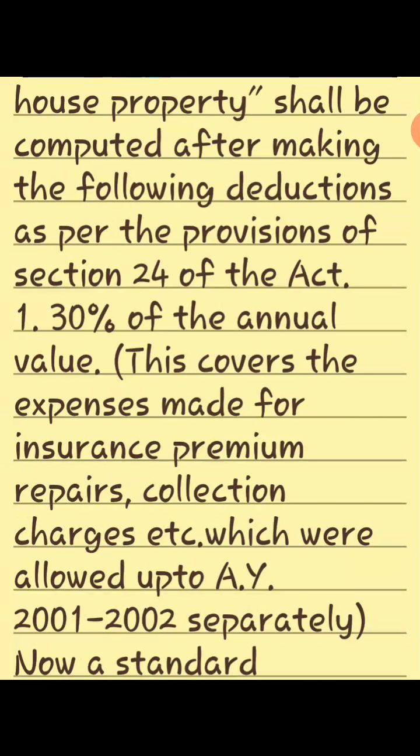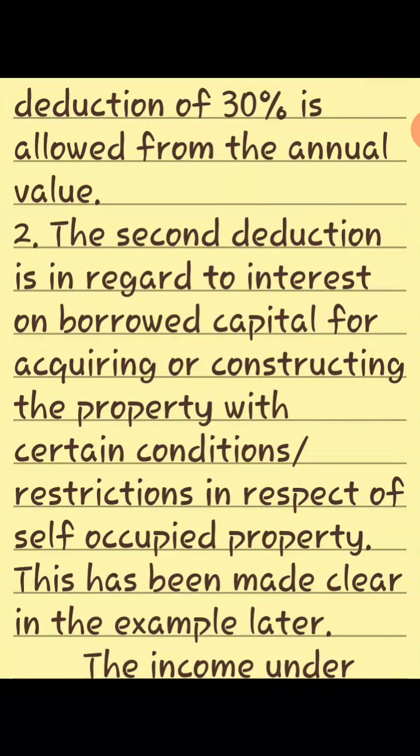Now, a standard deduction of 30% is straightway allowed from the annual value. 2. Second deduction is in regard to interest on borrowed capital for acquiring or constructing the property with certain conditions or restrictions in respect of self-acquired property. This has been made clear in the example later.